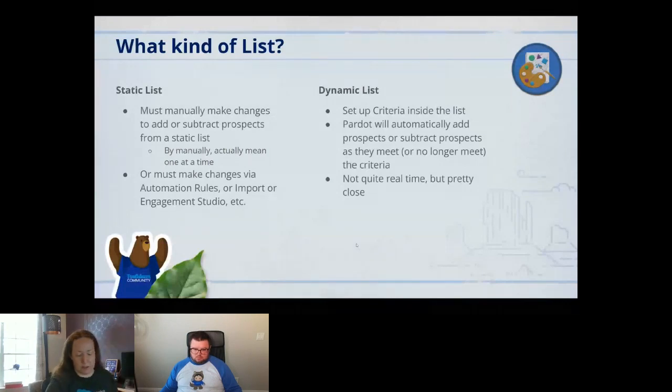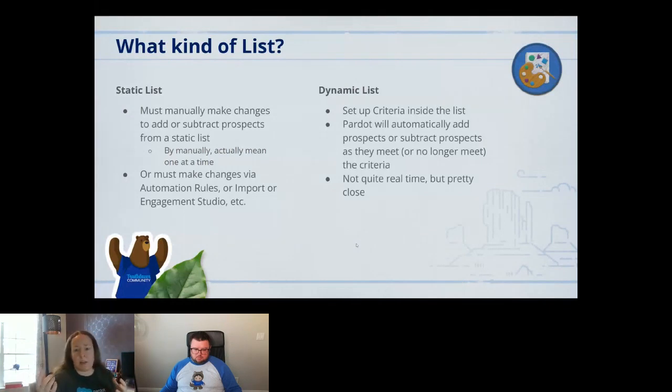But that also means you have to manually do something to take them off of the list. So if you have somebody who should no longer be on this list, you either have to go in and manually take them out, or you have to set up an automation rule or something to remove them from the list. So static list, they will join the list by you doing something, and they will come off the list by you doing something. Dynamic list is automated.